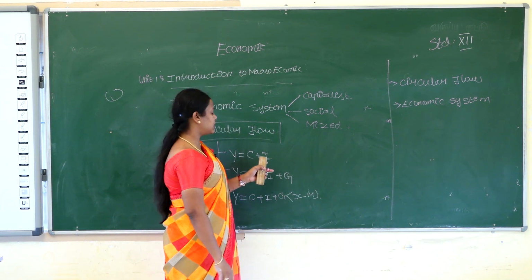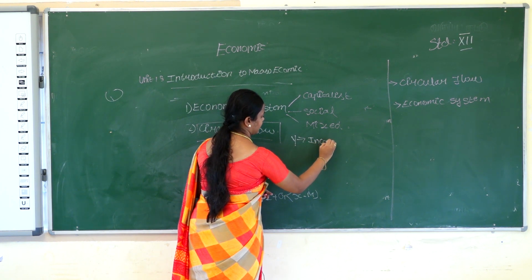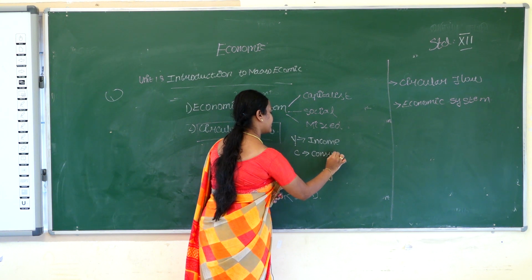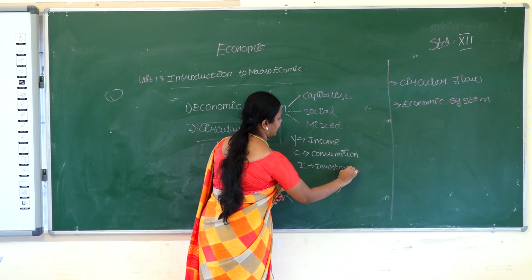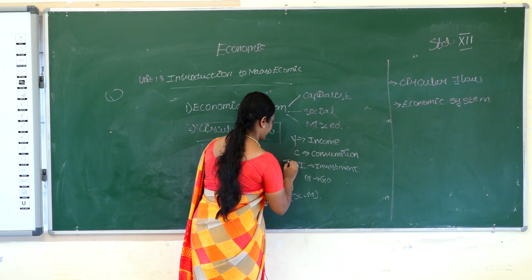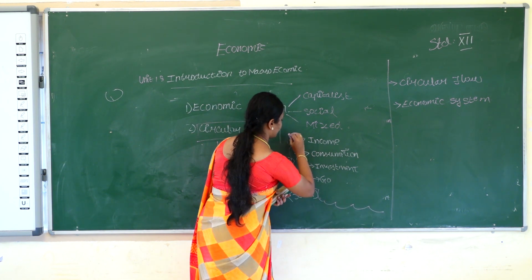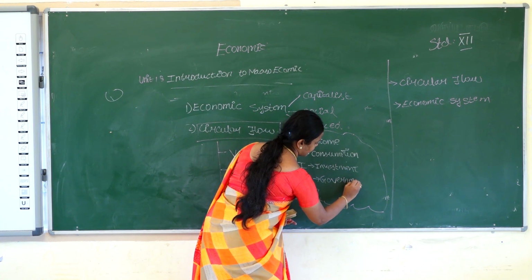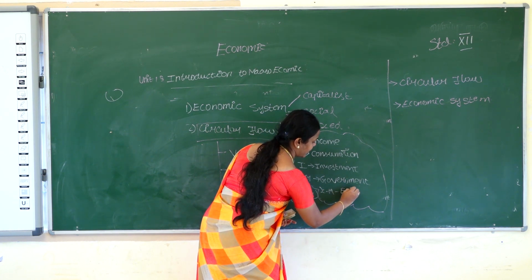In the first case, y stands for income, C stands for consumption, and I stands for investment, and x minus m stands for export and import.